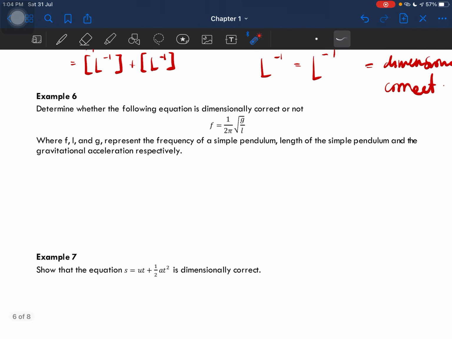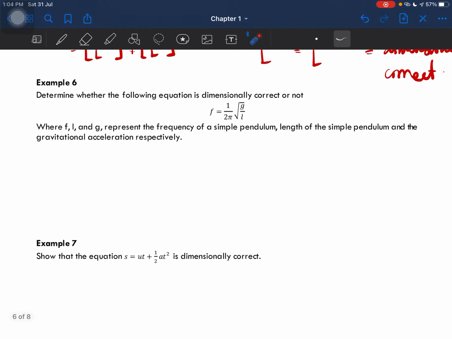Right, so determine whether the following equation is dimensionally correct or not. This one, F is the frequency of the simple pendulum, L here is the length of the simple pendulum, whereas G here is the gravitational acceleration. Right, so let's see the left hand side.